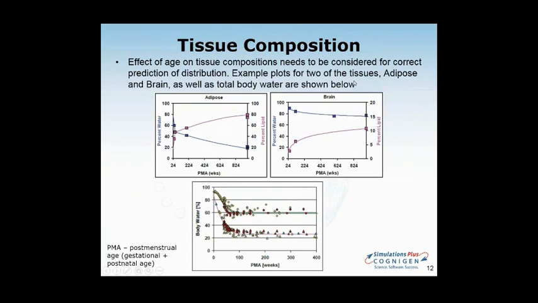For the general tissue composition, as you know, one of the basic algorithms or assumptions for the distribution is the tissue plasma partition coefficients, which we are using to account for the distribution into the tissues. If there is no significant permeability limitation, if we assume that the blood flow is the only limitation to the drug distribution, the tissue composition is a significant aspect in calculating tissue plasma partition coefficients, or how much the drug will be distributing in the individual tissues.